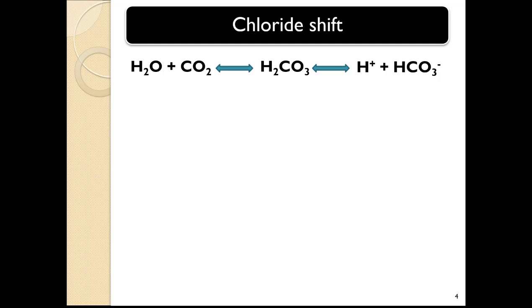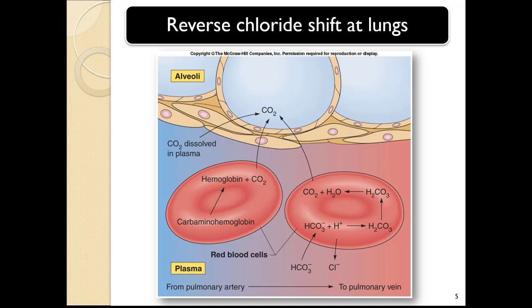Now, that creates a problem though, and that is that we need to get carbon dioxide back out of the bicarbonate when we get to the lungs. And so that brings us to what's called the reverse chloride shift. So the reverse chloride shift, you should understand, takes place at the lungs, not at the level of the tissues like the chloride shift did. So notice the difference in the name here. This is the reverse chloride shift.